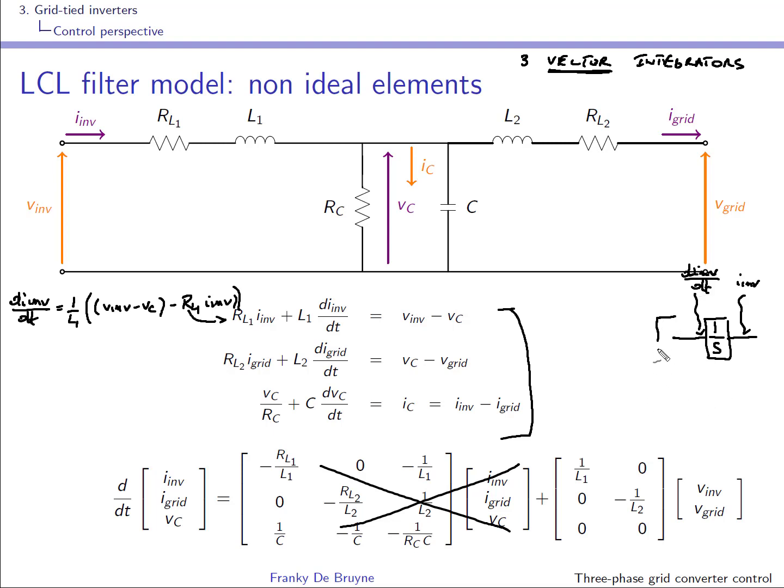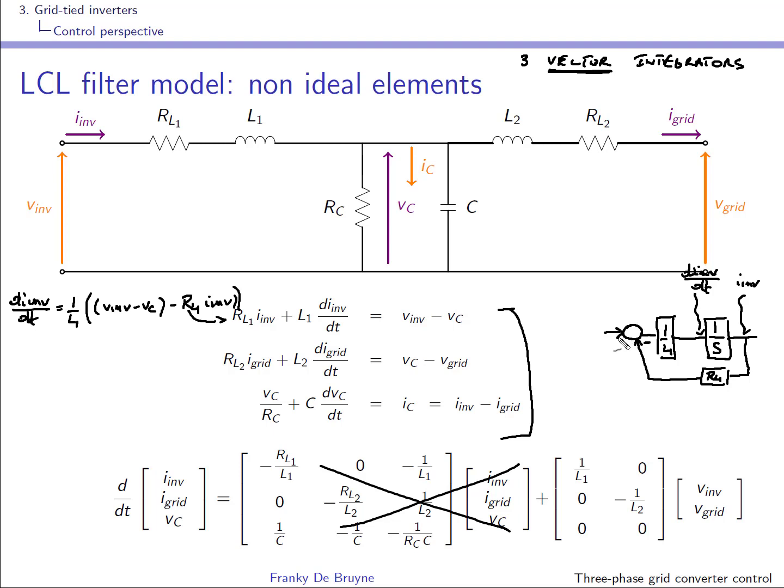Now you take your equation, 1 over L1, so I'll put a summator over here. I take my inverter current, multiply with the gain RL1, and bring it over here.